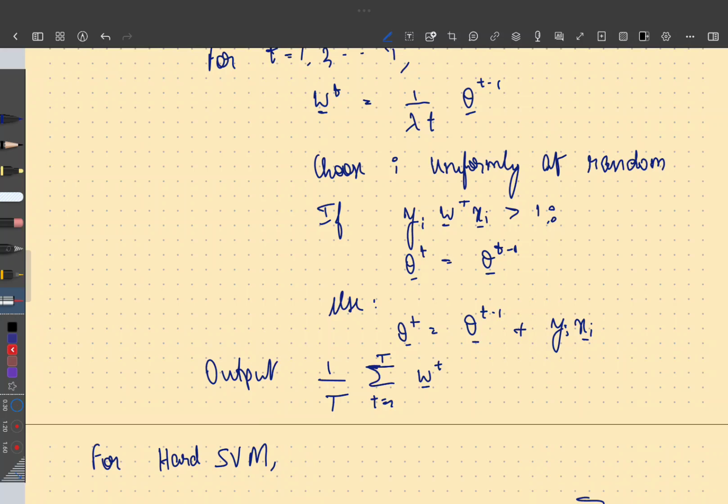This is exactly the soft SVM algorithm, SGD for soft SVM. Anyway, we are allowing certain points to be misclassified, and in the perceptron algorithm the condition would have been this greater than 0 or this less than 0. Right, that basically this takes care of that.